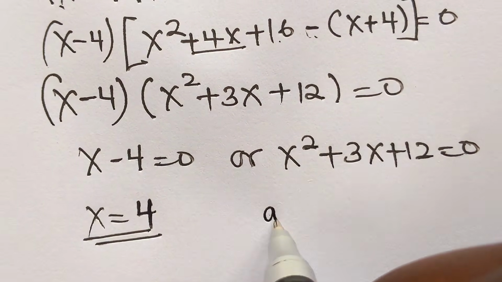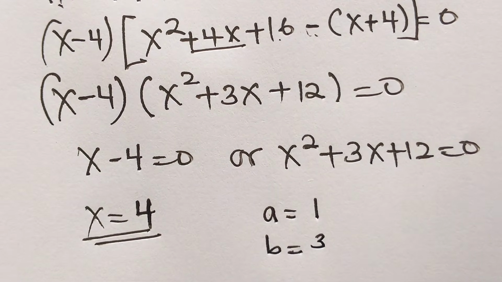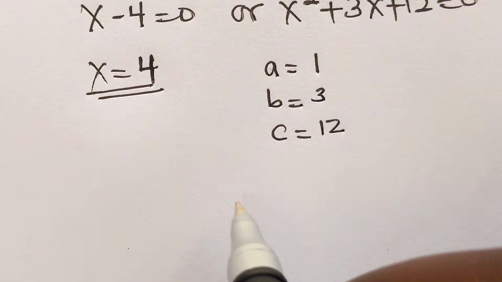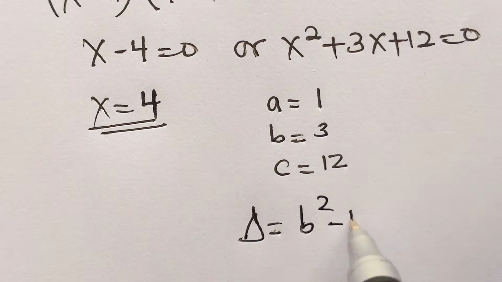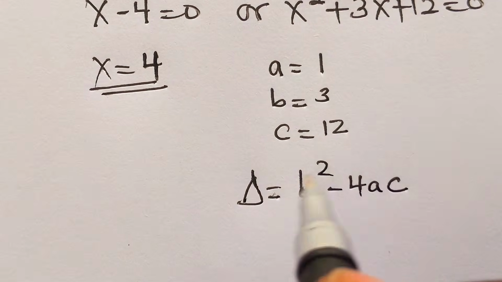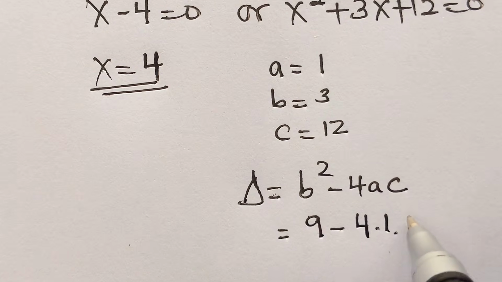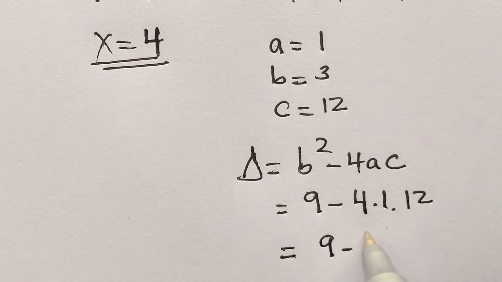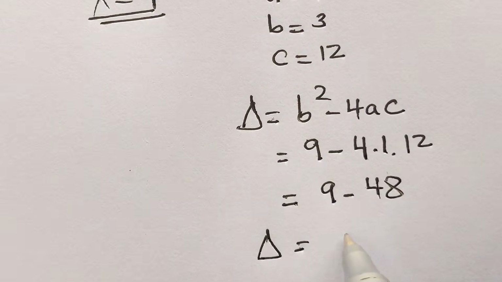To solve it, a equals 1, b equals 3, and c equals 12. Finding the discriminant delta, which is b squared minus 4ac, this will be 9 minus 4 times 1 times 12, which is 9 minus 48, so delta will be negative 39.